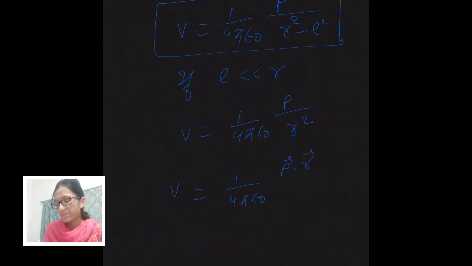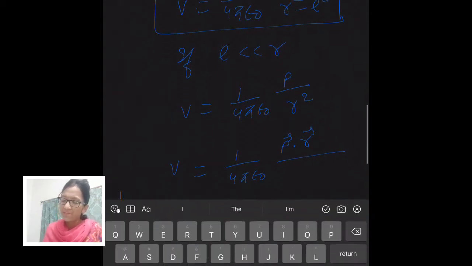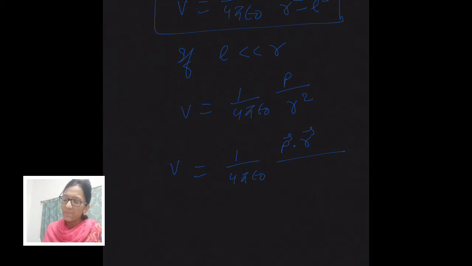I have taken one r vector, a position vector. So let me add it in the numerator and denominator too. So here you have r, and here you have r. So when you add the two, you get r square.